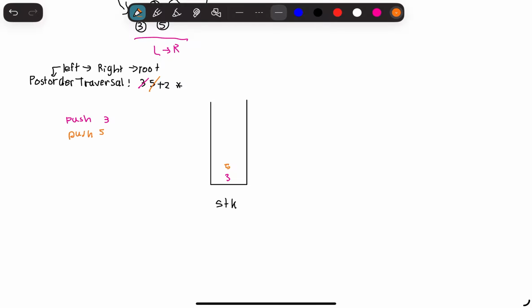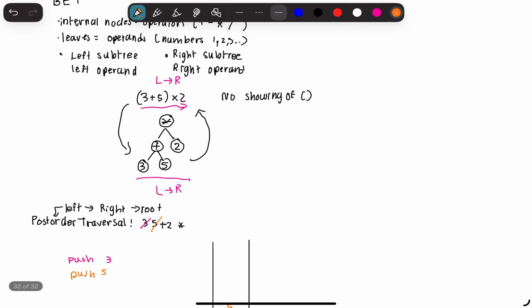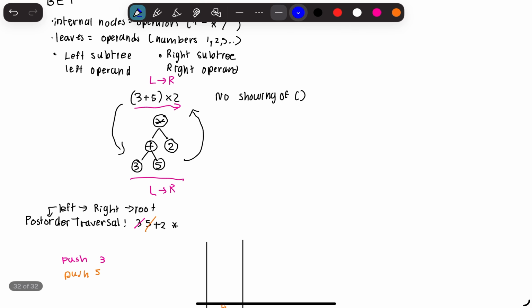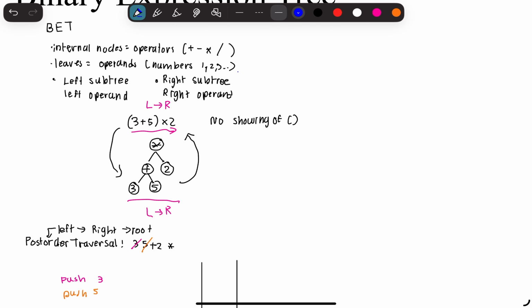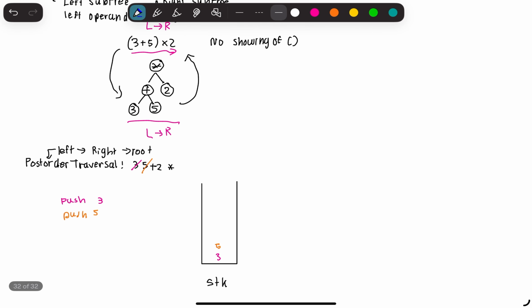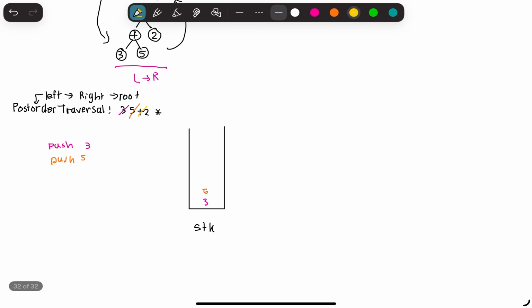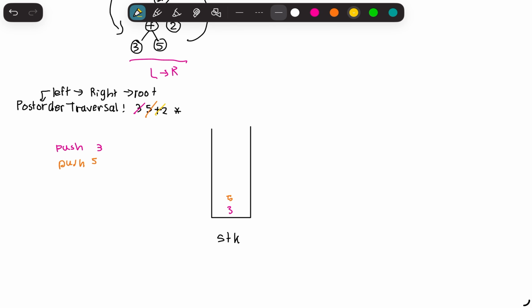Now we read plus. Plus is an operator. For operators, you have to pop twice. So you're going to take your plus, and you're going to pop 2 expressions.